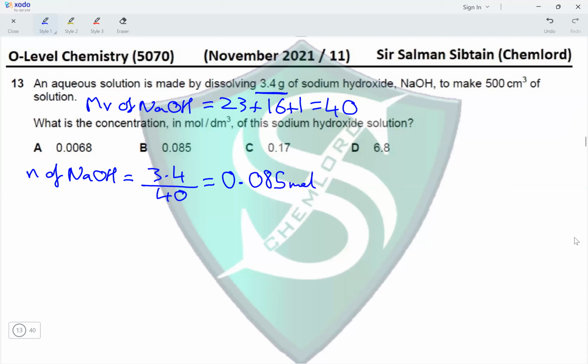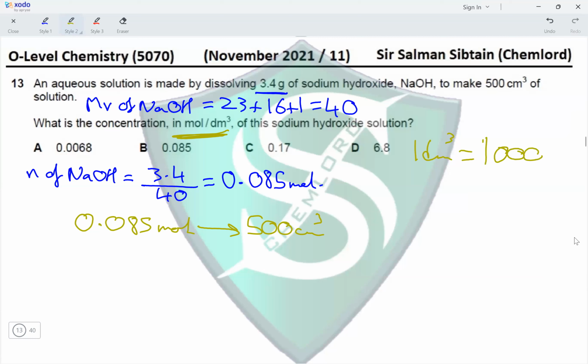This would give us a value of 0.085 moles. Now the question states that this many moles make 500 cm cube of the solution. So 0.085 moles are present in 500 cm cube. And they've asked us the concentration in mole per dm cube. 1 dm cube is equal to 1000 cm cube.